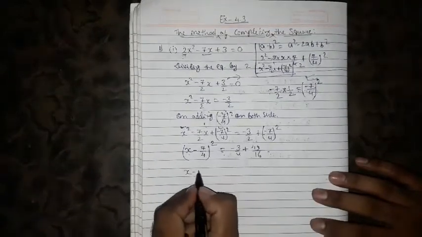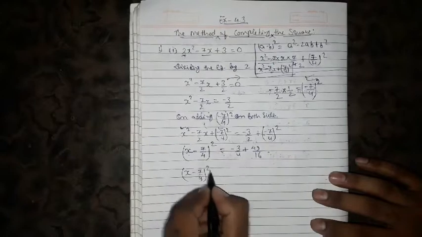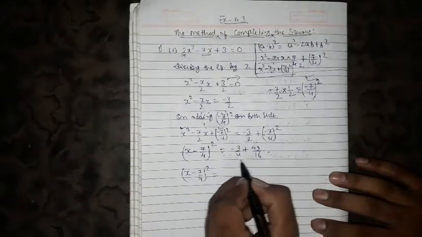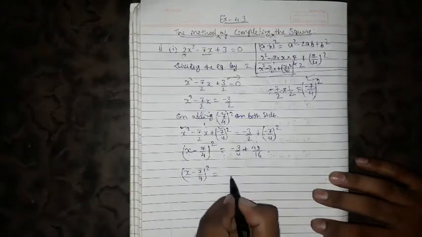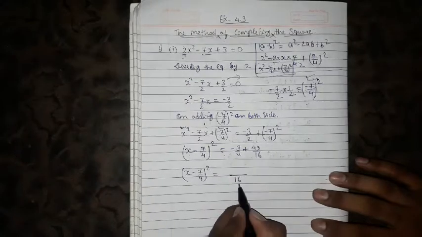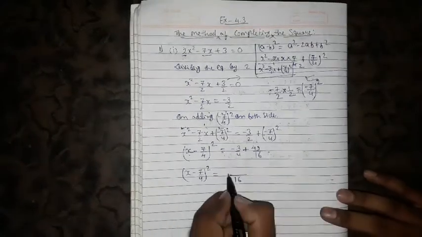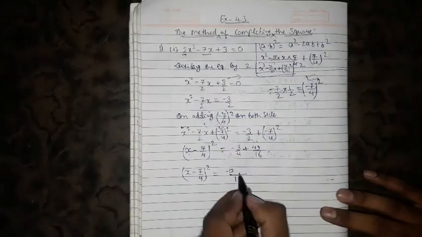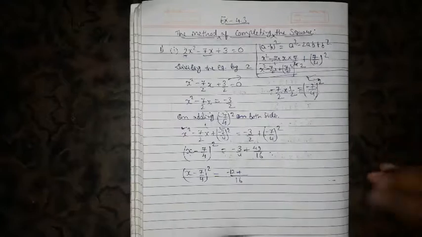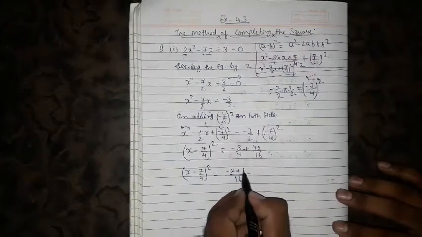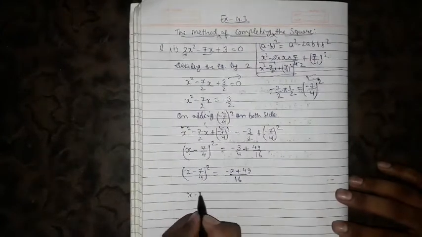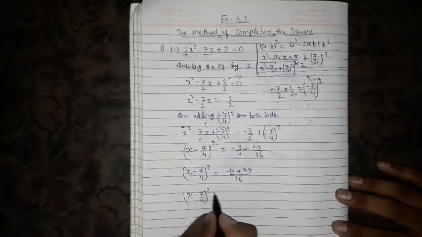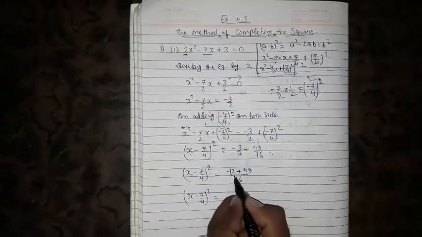So here I have x minus 7 by 4 whole square equals to, now I'll take the LCM. So LCM of 4 and 16 will be 16. 4 divide 16, 4 times, 4 into 3 will get minus 12. Plus 16 divide 16, once divide once, so 49 as it is. So x minus 7 by 4 whole square equals to 49 minus 12.